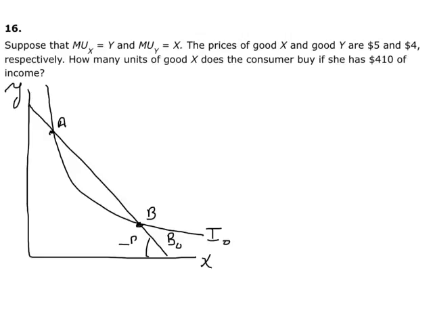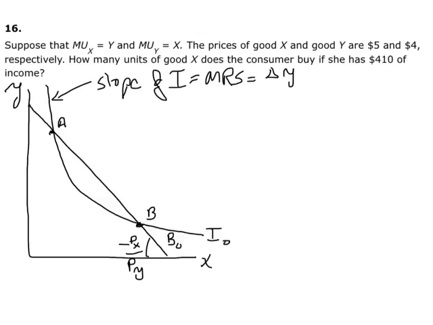Remember that the price ratio is always the slope of the budget line, and the slope of the indifference curve is equal to the marginal rate of substitution. That's equal to the amount of y we'd give up for one more unit of good x, which is also equal to the marginal utility of x divided by the marginal utility of y.